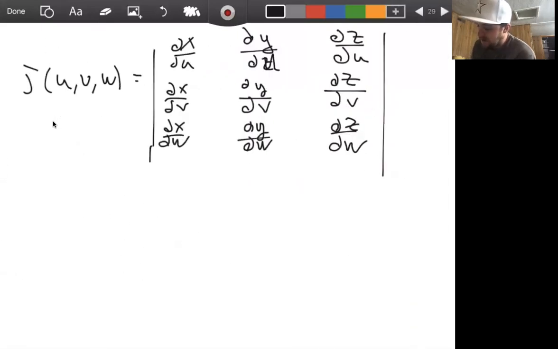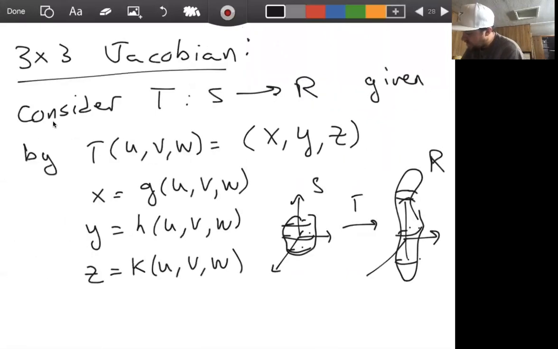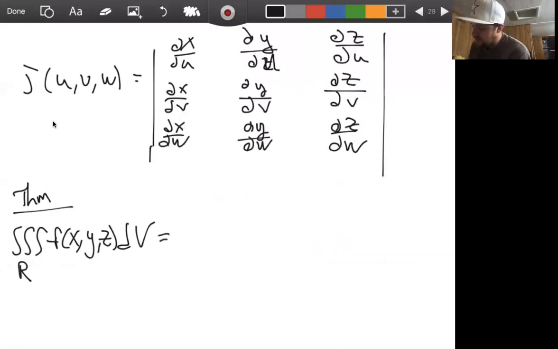And then we have an analogous theorem that says the triple integral over the region R of f of x, y, z dV. So I should clarify in my pictures here that R is in x, y, z, and then S was in u, v, w. We have that this is the same as the triple integral over the region S of f of, and then you plug everything in, in u, v, and w.